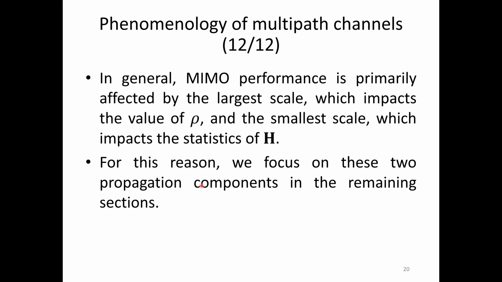That is, we only consider the larger scale, which is called the path loss, and we also consider the smallest scale, which is the small scale fading or the multi-path fading. We do not consider the shadowing, which is also a part of the large scale fading.